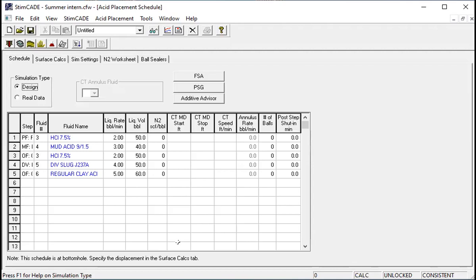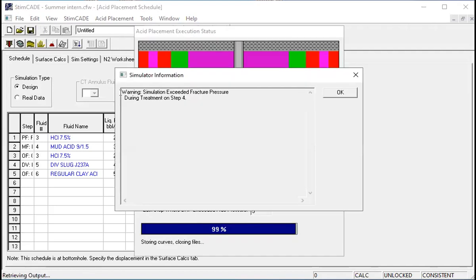So what we are going to do now is to execute the simulation. So when we do that, we click here and it's going to do the simulation. What this is telling us is that simulation exceeded fracture pressure during treatment on stage 4. At the 4th stage, the pressure was so high that it exceeded our fracture pressure.